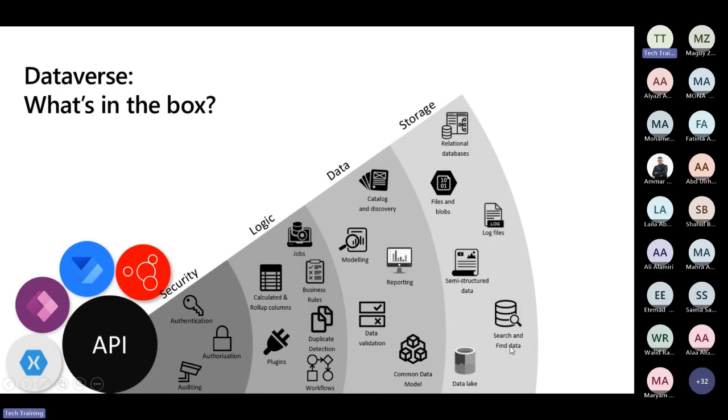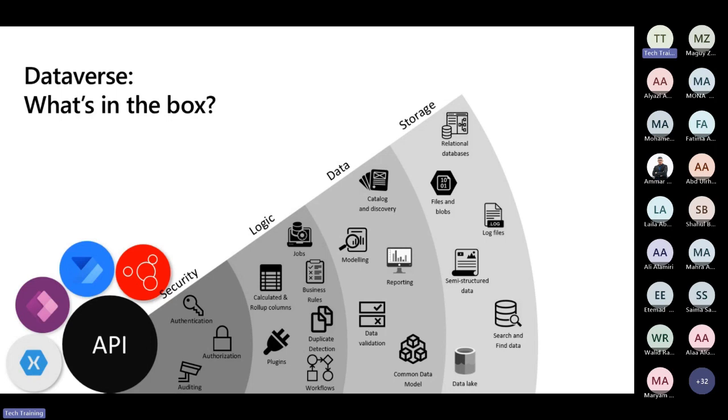I can have also search and find for the data, and what is called the data lake, which is the place where I have data lakes or big data containers that are connected together. I create the data lake when I have big data. In the example I gave you during the explanation, I told you about something related to weather coming from different countries where I need to store all this information for analysis, maybe for forecasting or whatever.